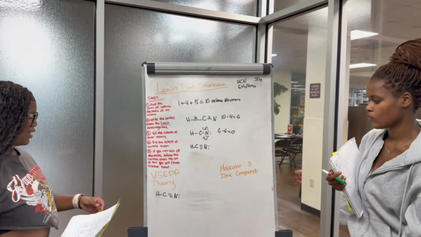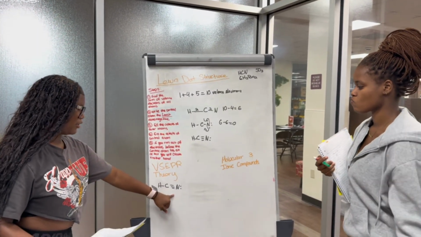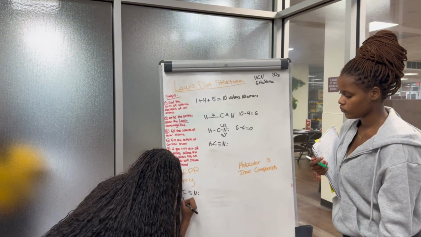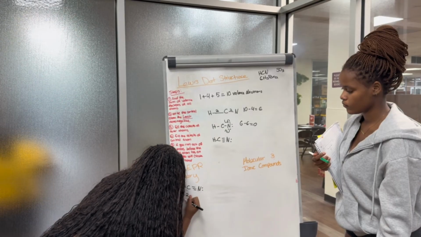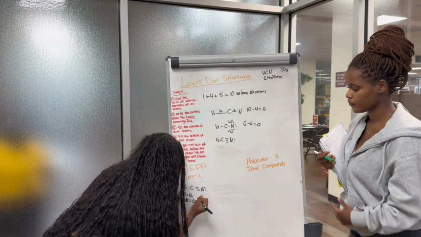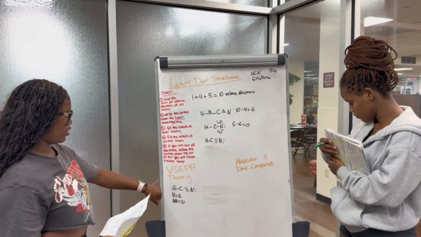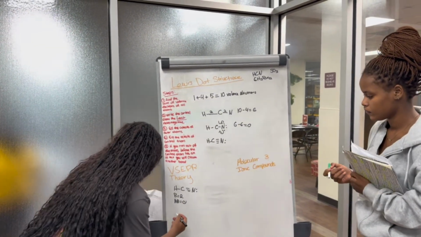So now we have 2 bonded pairs, and we have 2 bonded pairs, and we have 0 non-bonded pairs. So that would show that our VSEPR theory would be linear.